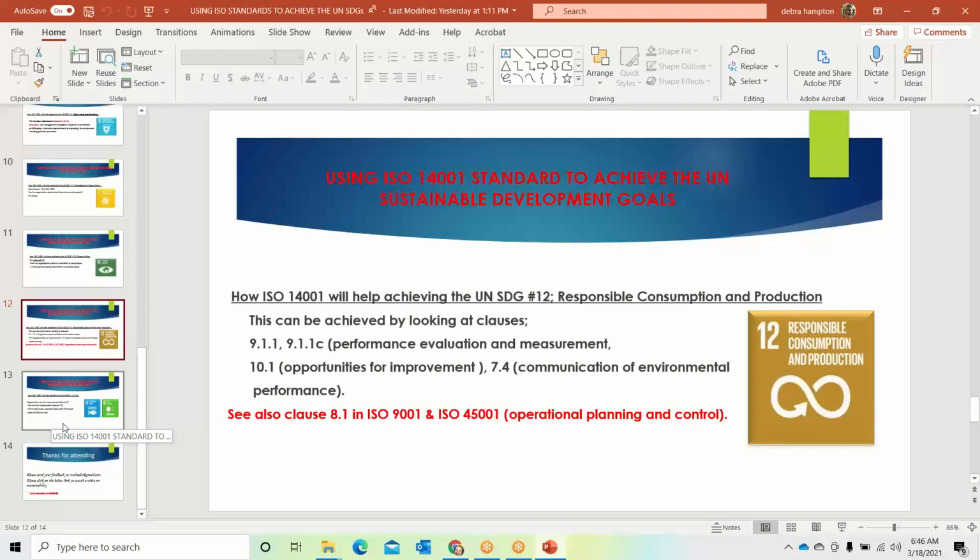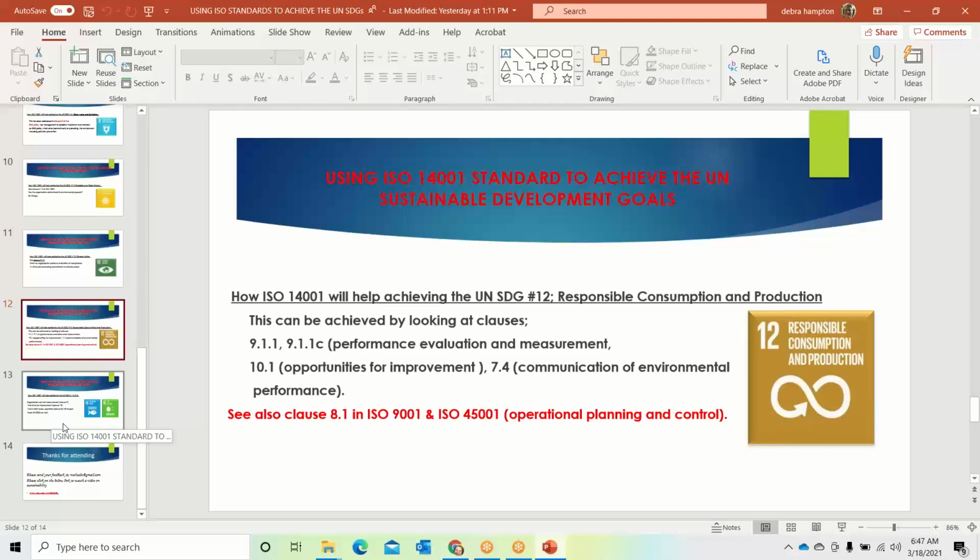Again, clause 7.4 talks about communication of environmental performance. So the organization needs to communicate this environmental performance. They don't need to conduct the environmental performance and keep it on their shelf or wherever.